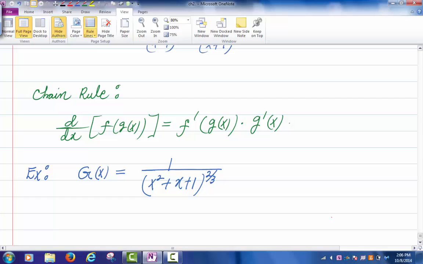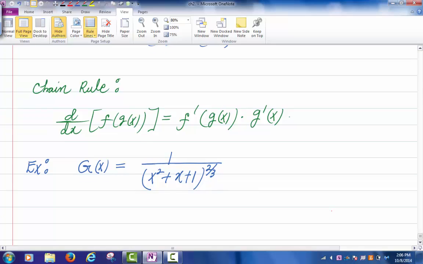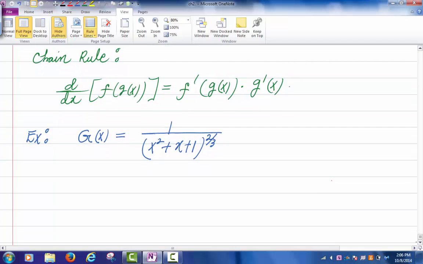So let's say I have that function. How would I take the derivative? Yes, I can apply the quotient rule. However, it's going to be easier just to do the following.